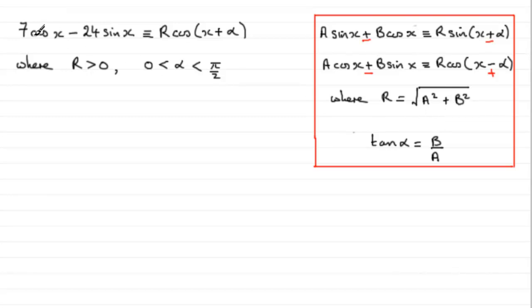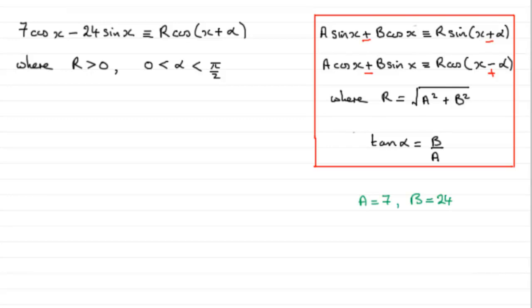So if I've got a question like this, I see that the a is the 7 and the b is 24. Not minus 24, because we've got the minus here, that's used up, so the b is just the 24. So let's say that a equals 7 and b equals 24.